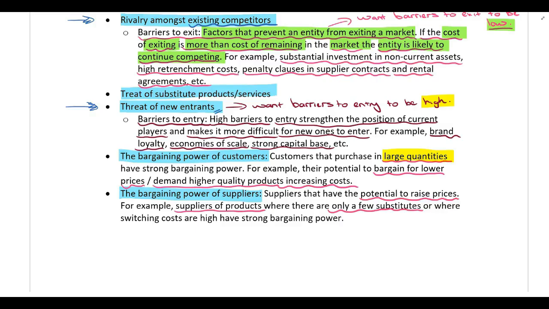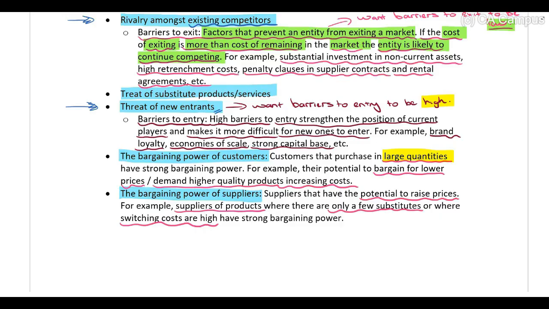However, if there are a lot of substitutes available, you're then just going to change suppliers, unless there are high switching costs. If there are high switching costs, the supplier knows that they can increase their prices because you won't necessarily just change suppliers because the cost of changing suppliers is too high. That's what we're talking about with a high switching cost.